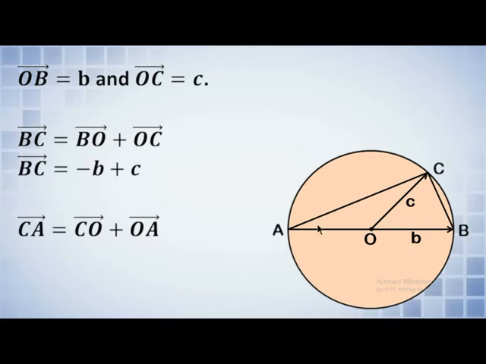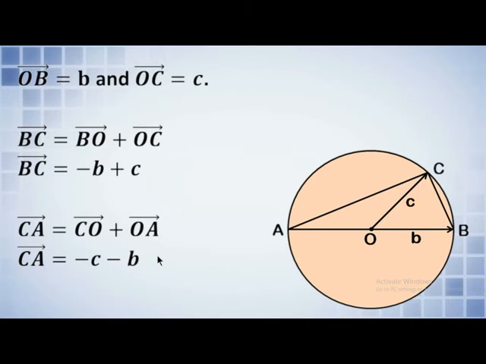And vector OA is actually the same magnitude as OB because they are both radii, but OA is in the opposite direction of OB. So OA is negative B. So CA equals negative C minus B.